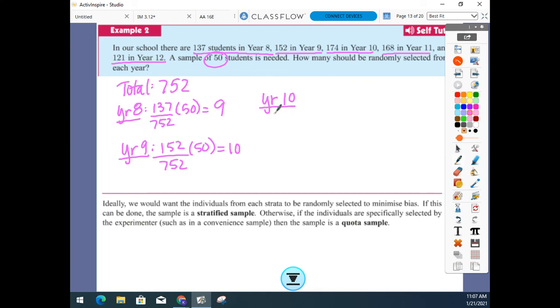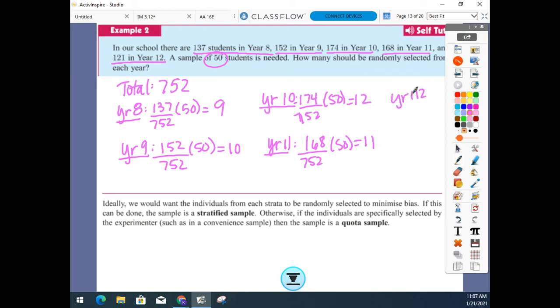Year 10, we have 174 out of 752 times our 50, and we get 12 students. In year 11, I have 168 students out of 752 times my 50 to get 11 students.